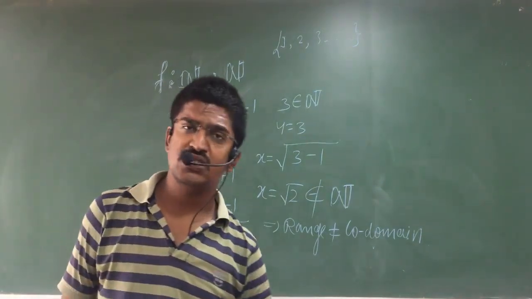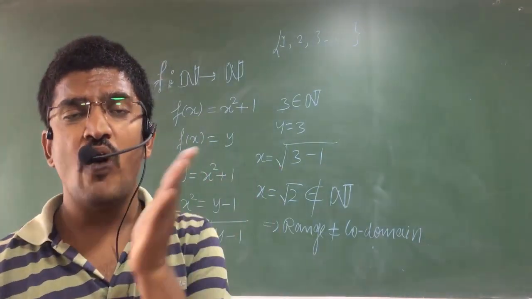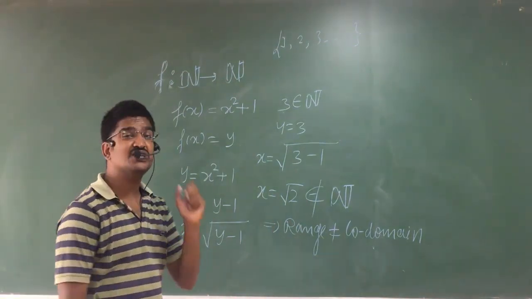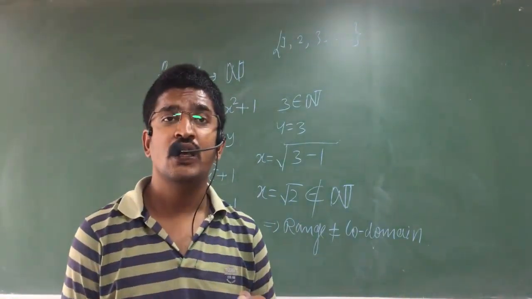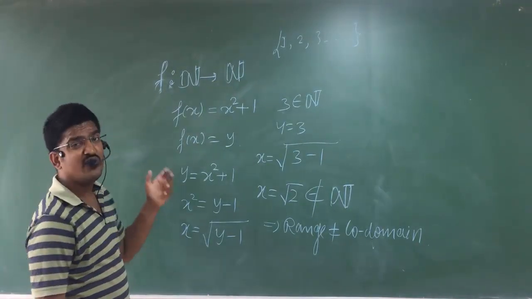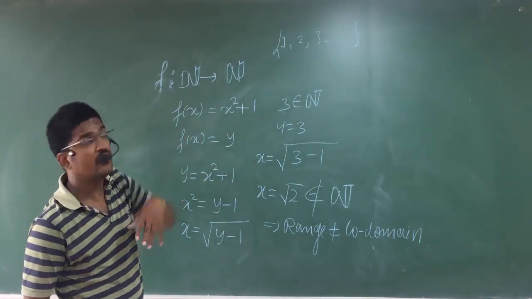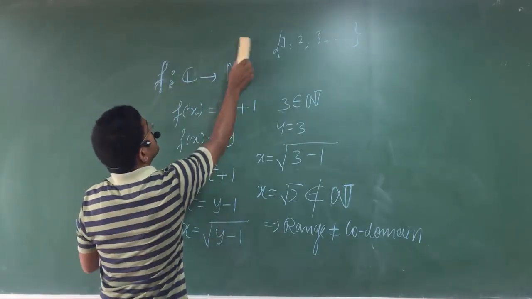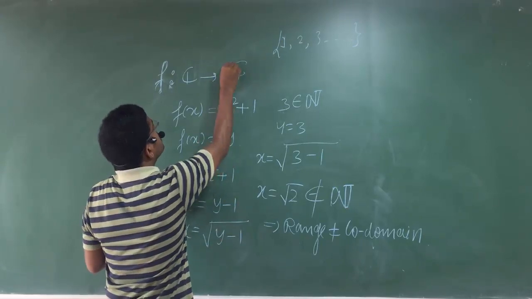Okay. So from this we can say how to prove onto and how to prove not onto; you must know this. Are you getting my point? With any other set you can take and solve. You can take C to C, complex numbers to complex numbers.